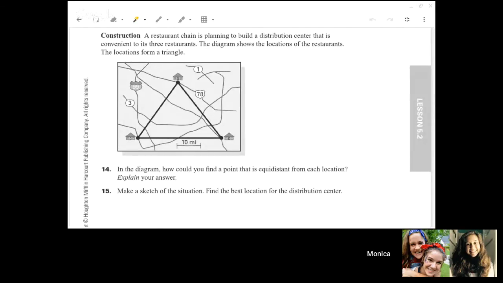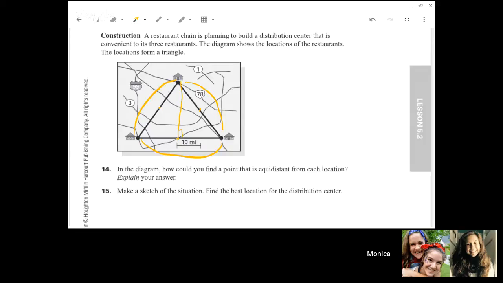Okay, so if we draw the perpendicular bisectors on here, remember a perpendicular bisector comes in from the midpoint of the side. So we can measure the distance from these two restaurants and get the middle, measure the distance here and get the middle, and then measure the distance from these two and get the middle. And now perpendicular is going to go straight up from all of those.